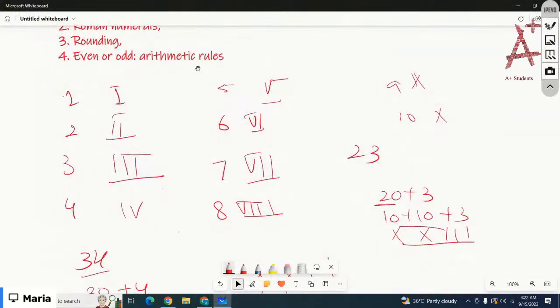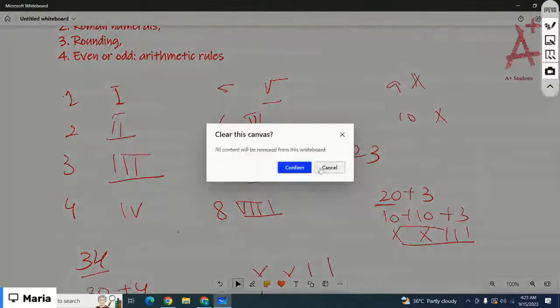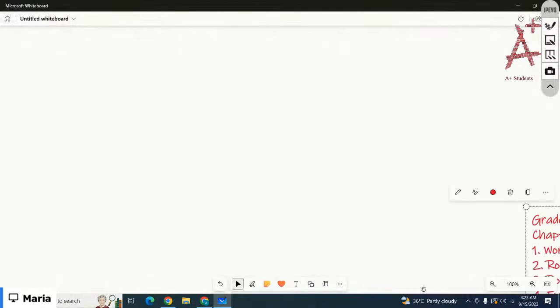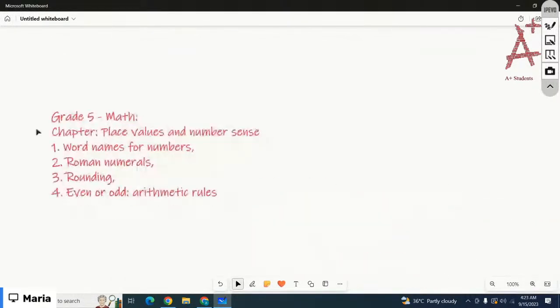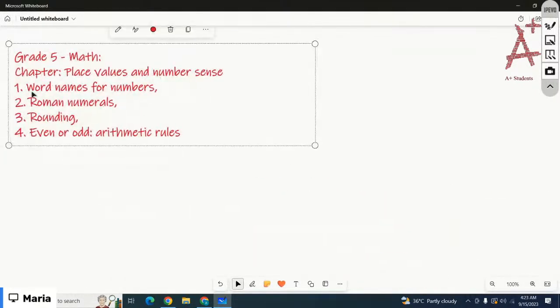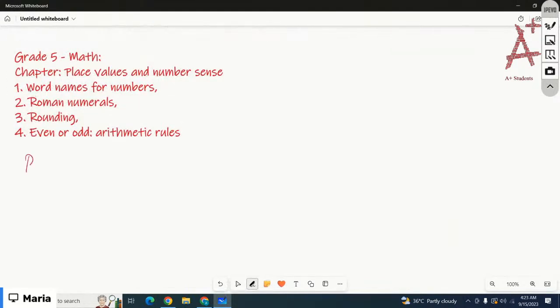rounding. So, how do we round off numbers? Okay, let's just start with the next lesson, that is rounding. So, what do you know about rounding? What does it mean?